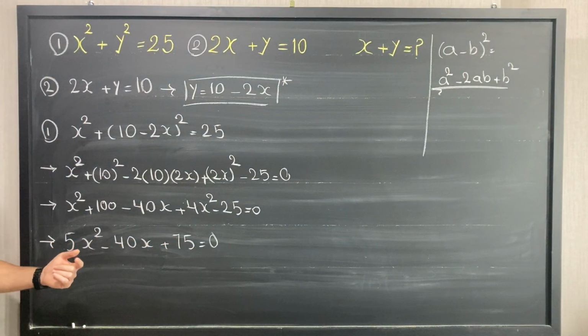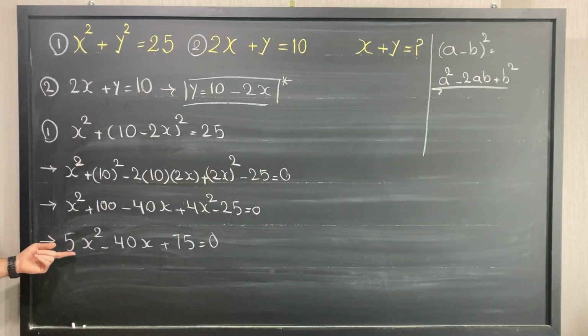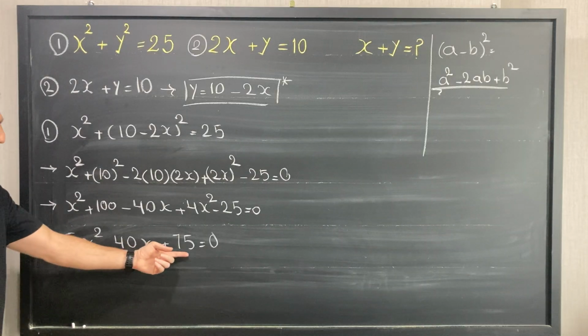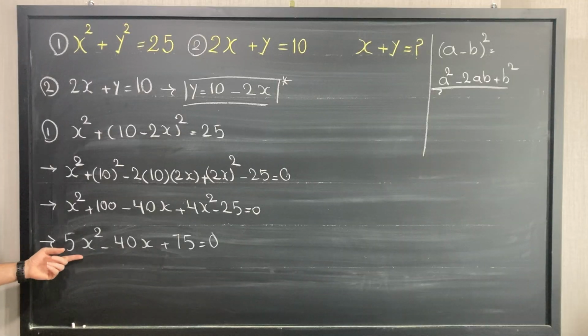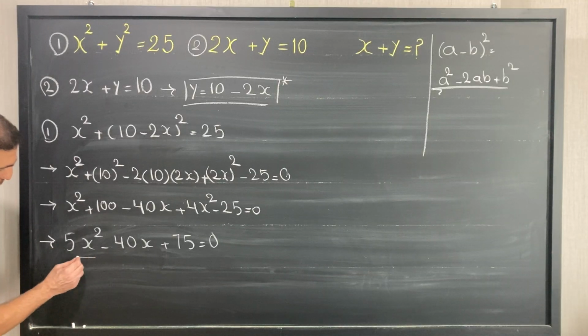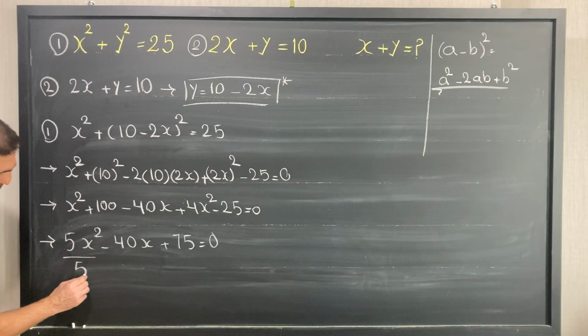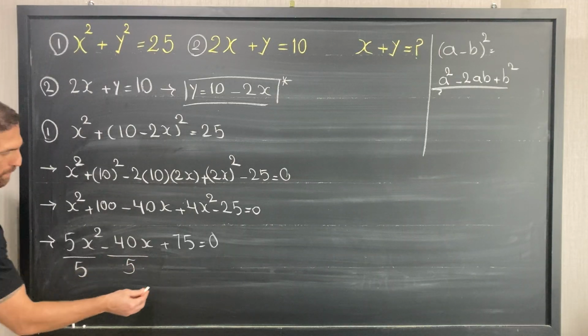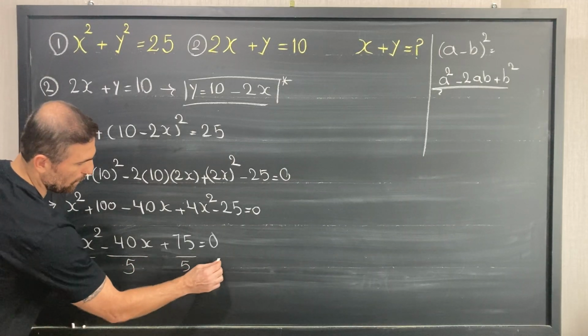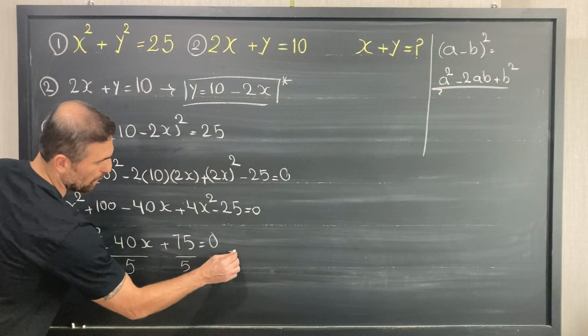But before I start factorization, look, we have 5, 40, 75. All of them can be divided by 5. So let's do it. 5x squared divided by 5, negative 40x divided by 5, 75 divided by 5, and 0 divided by 5.